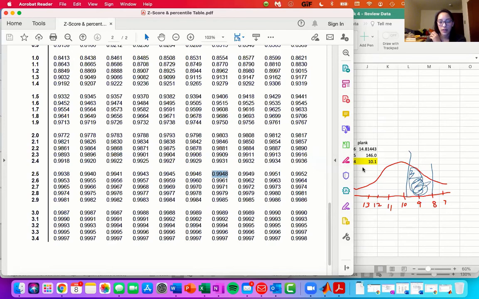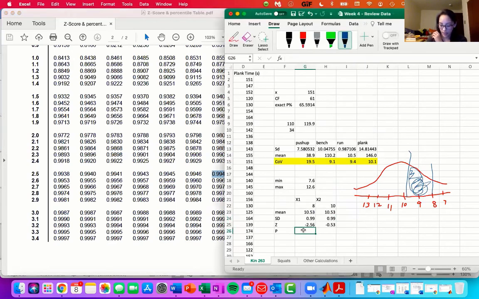Okay, so I'm just gonna write that in here, 99.48. Or you can put 0.9948, doesn't matter as long as you're consistent. I will put both notations, either probability or percentile, in the answer bank for these types of questions, so you shouldn't be wrong.